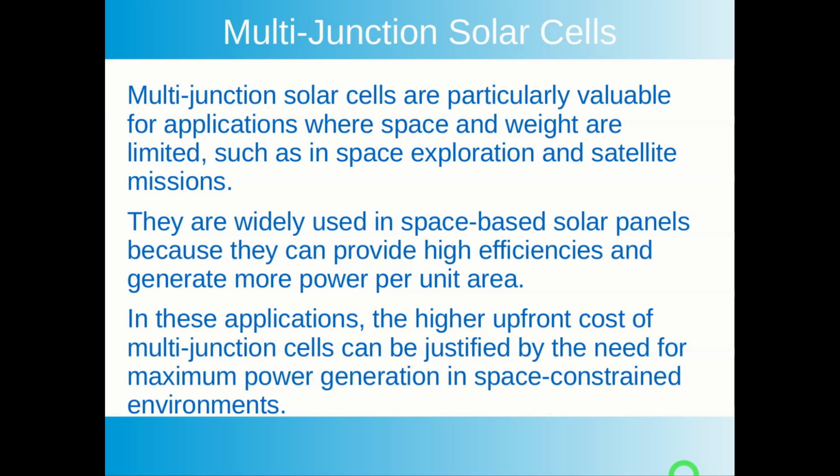Since multi-junction solar cells can provide higher efficiencies than single-junction cells, that is the reason they are used in space-based applications where weight and space are a main issue. The higher costs of creating multi-junction cells is justified by the need for maximum power in space and weight-constrained environments.